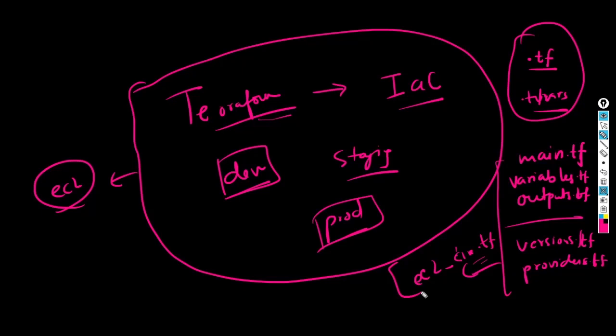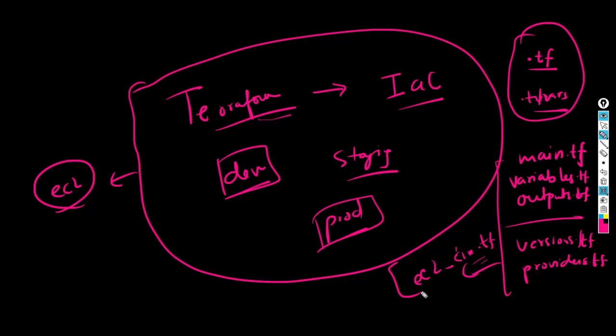For example, if I'm using an EC2 instance from AWS, I would name it ec2_instance.tf, because it is easier for me to understand that this file consists of code which is all about the EC2 instance, and not any unrelated things. So that is one important part.